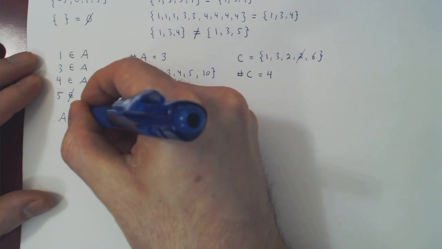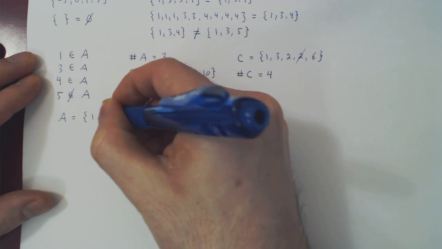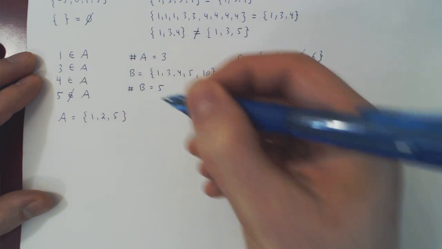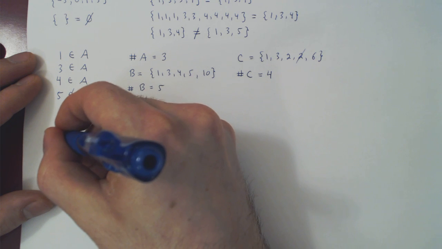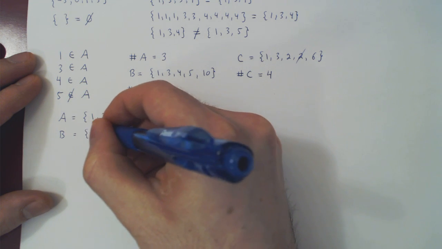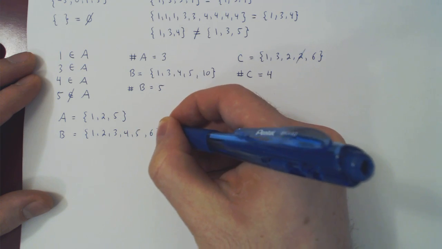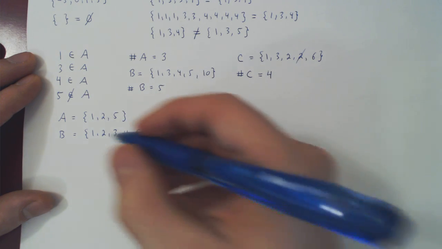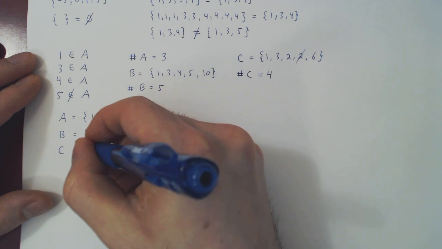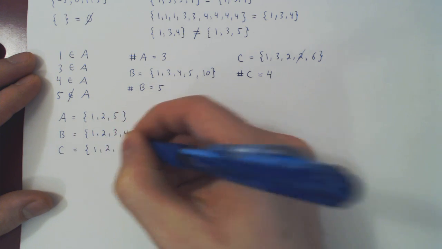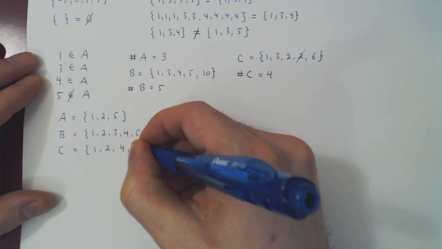Take the set A to be 1, 2, 5, and the set B to be 1, 2, 3, 4, 5, and 6. Let's take one other set, C, to be the set 1, 2, 4, and 7.